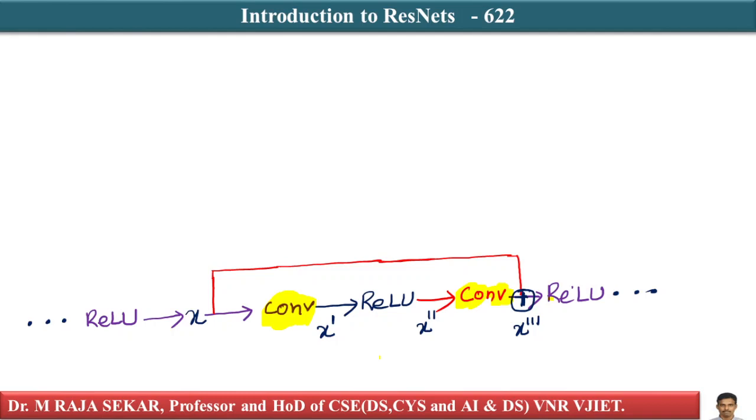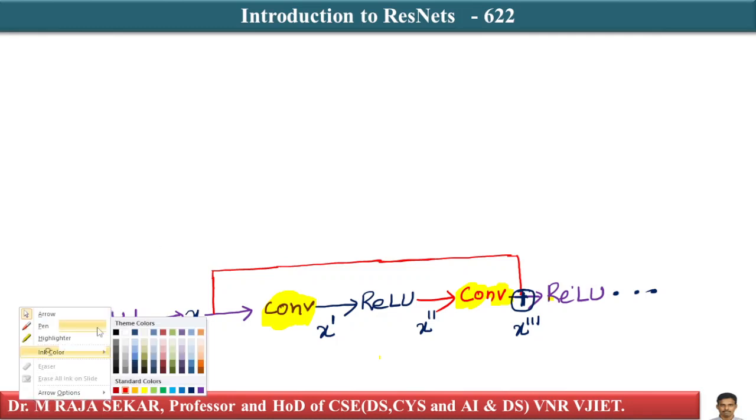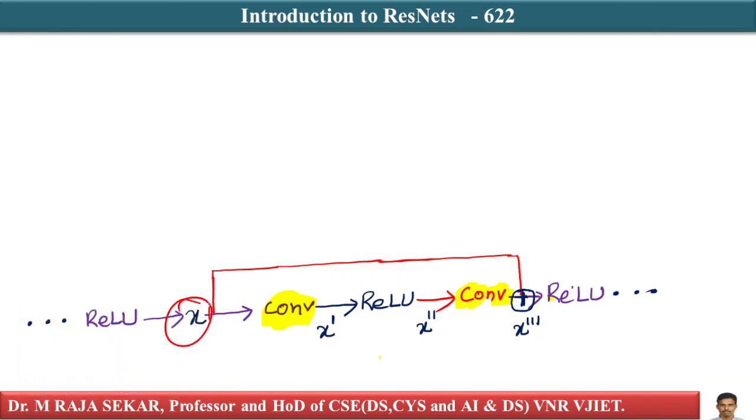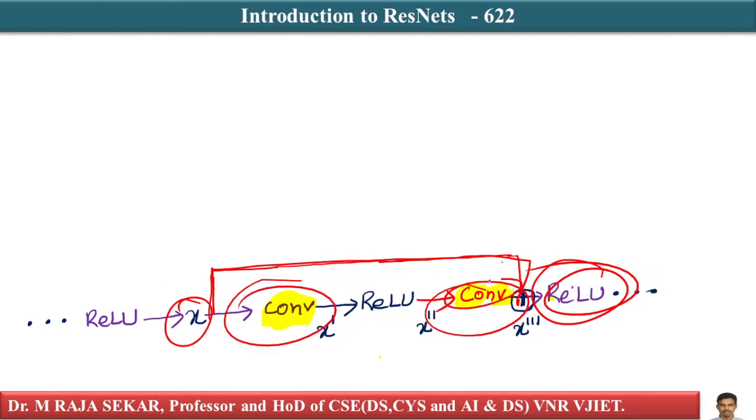You are taking the output here, where x is the output of the ReLU function, and you are inputting it to the convolution layer. You need to input it before the ReLU. This is my x. Remember, you have to input it before the ReLU operation. Basically, you are skipping over 2 convolution layers, isn't it?